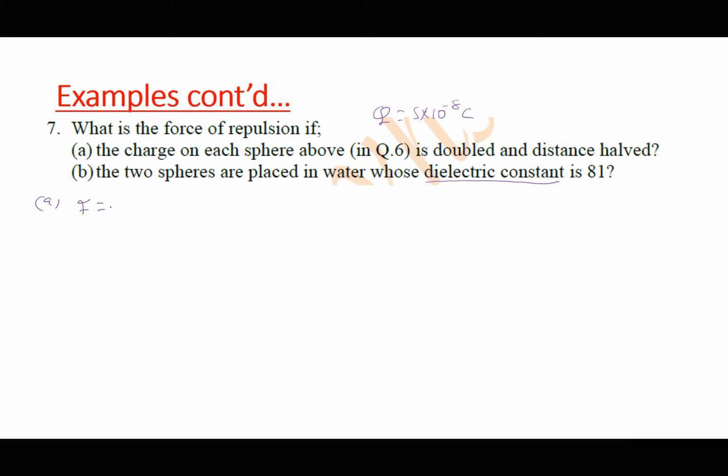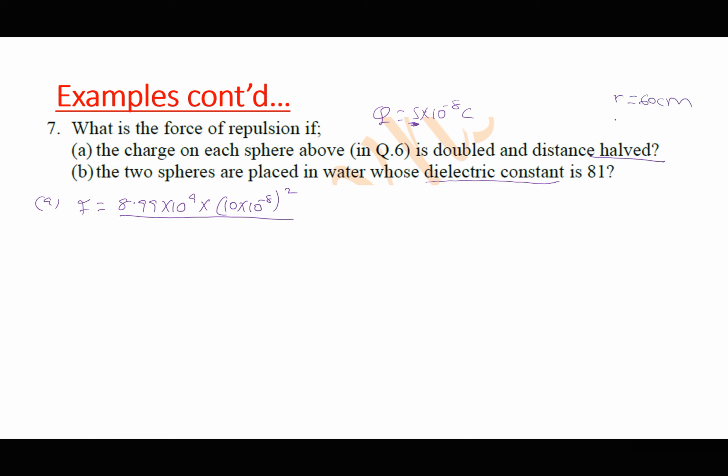So the force is going to be K, which is 8.99 times 10 power 9, times the product of the charges, which will now be 10 times 10 power negative 8, and this will be squared because there are two charges and this has been doubled. Then divided by the square of the separation. They said the distance is halved. Initially, r was 60 centimeters.